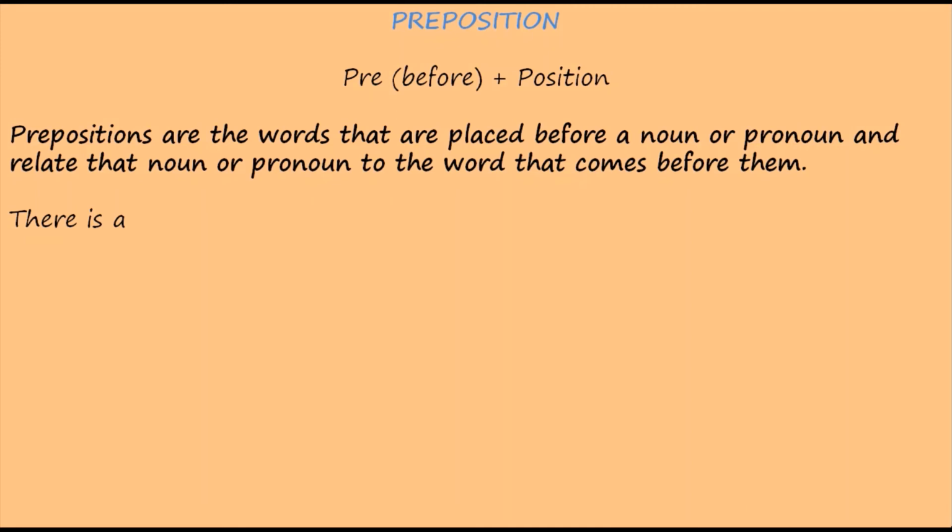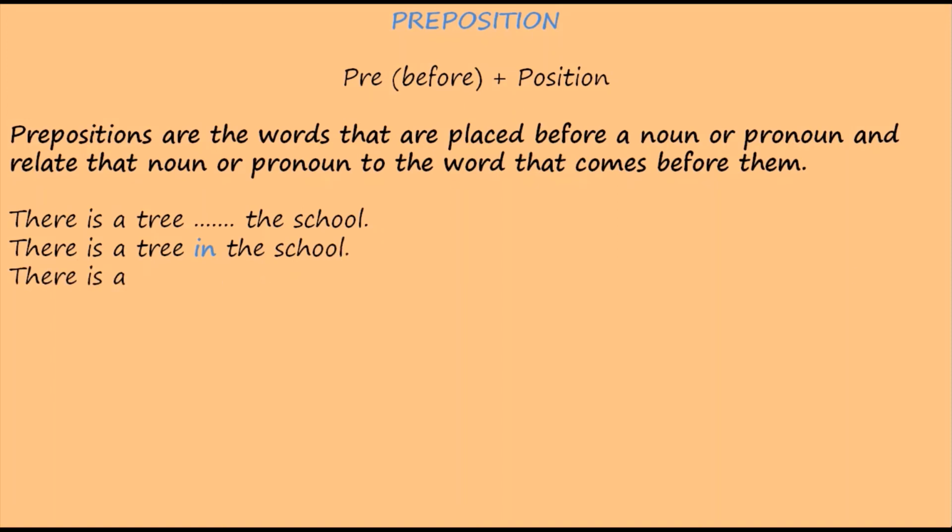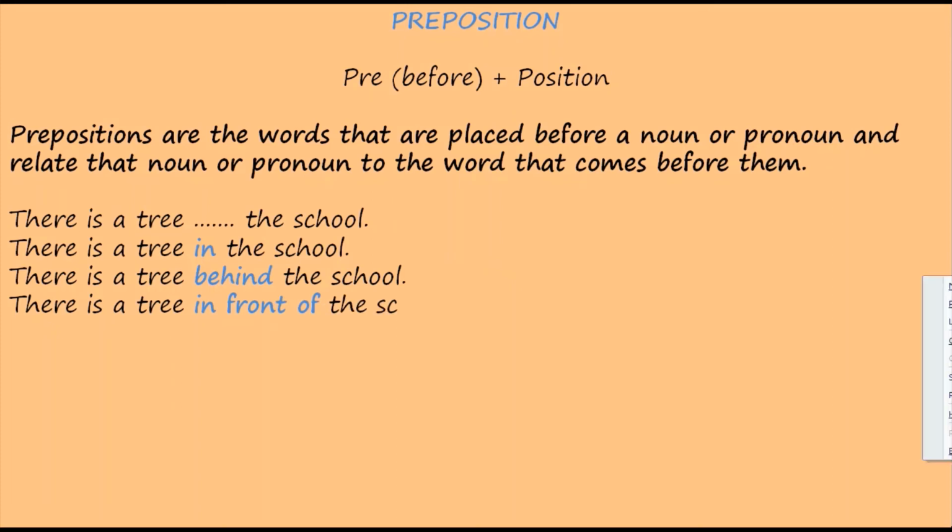Let us understand it by the following examples. First one is, there is a tree, the school. Second one, there is a tree in the school. Third, there is a tree behind the school. And the last one, there is a tree in front of the school.